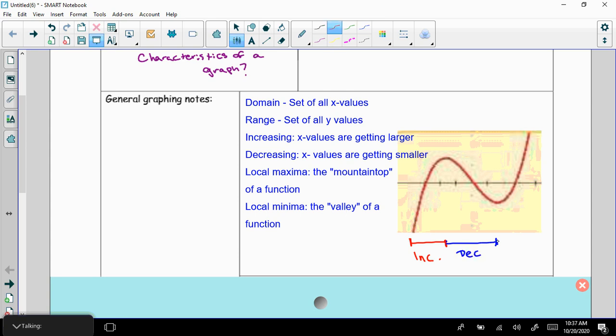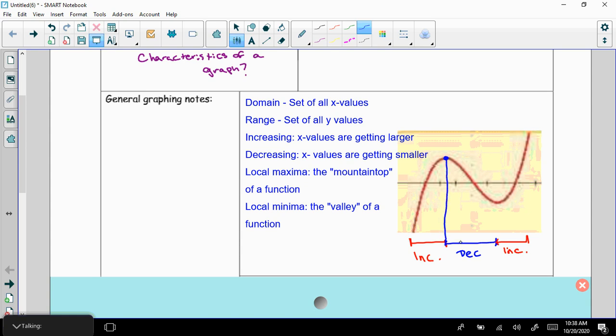And then it once again increases from there to there, so it's increasing. You can see when it is going up, when it's going down, when it's going up, so that's your increasing, decreasing.